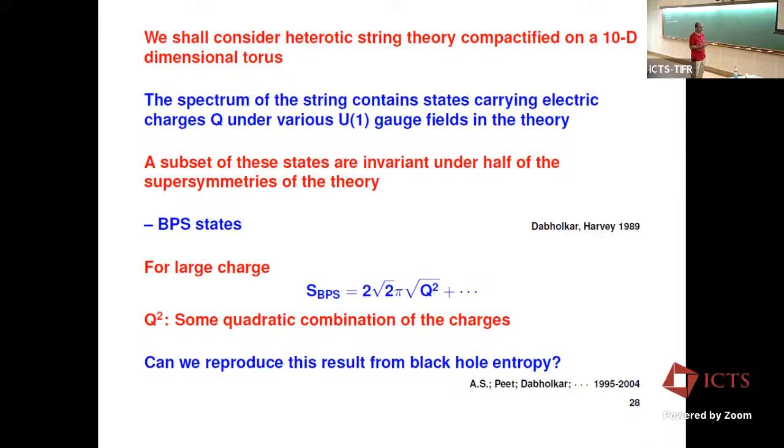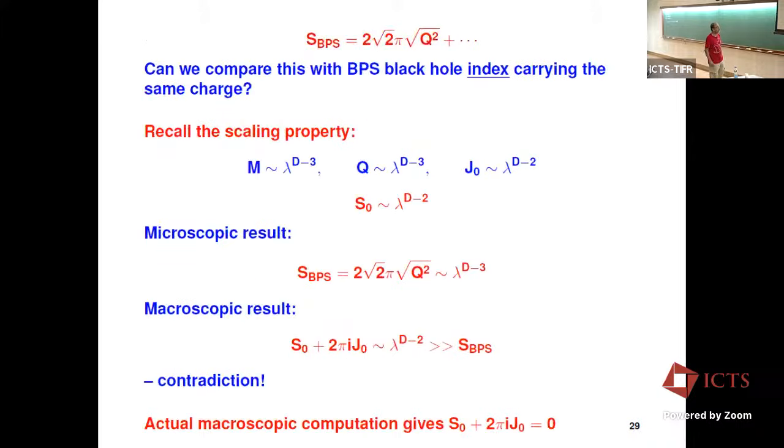This in fact was a question that was asked many years ago, and there are partial answers to this question, spanning 10 years. But this is not exactly the question that we'll try to ask. We are going to change this question a little. Can we compare this with the BPS black hole index carrying the same charge? Not the entropy, but the index, because now we know how to compute the index.